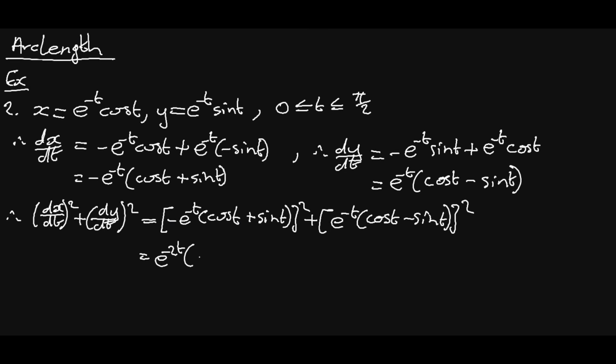So we have to open it. This will be cos squared t plus the middle term, which is 2 cos t sine t, plus the last term, which is sine squared t. Plus, because the power 2 applies to both of these brackets, it applies to this exponent, and it applies to these brackets here. You know this high school stuff. It also applies to this bracket.